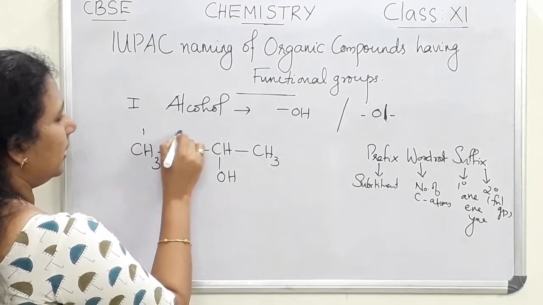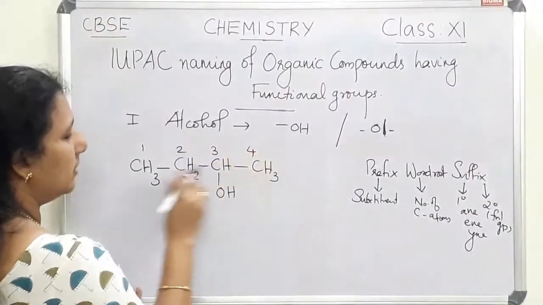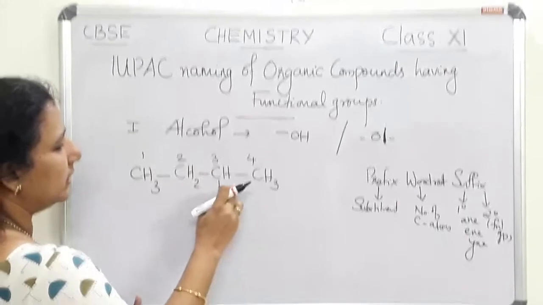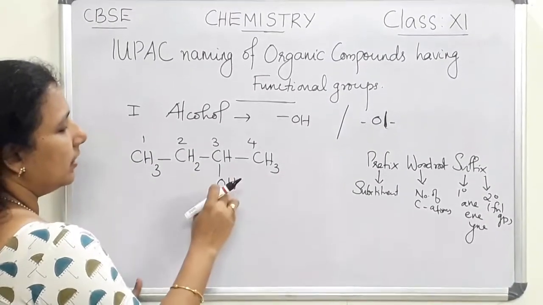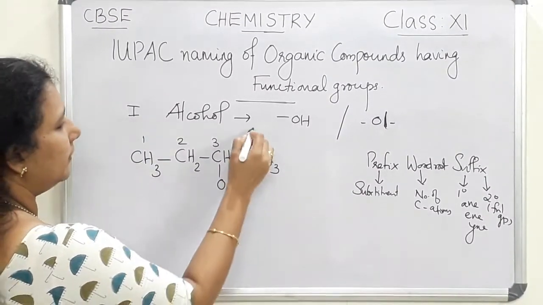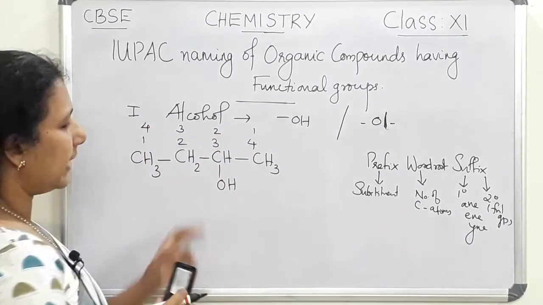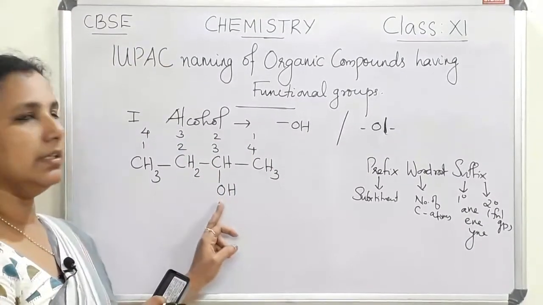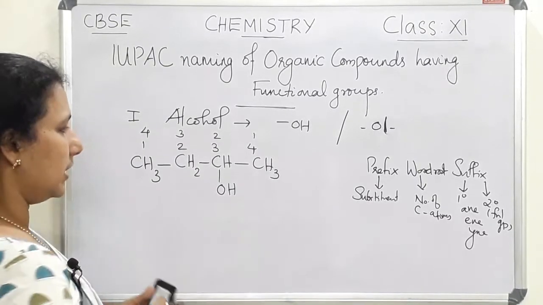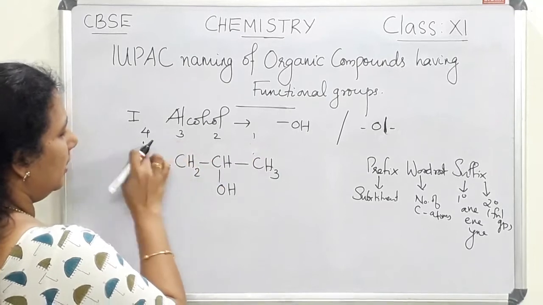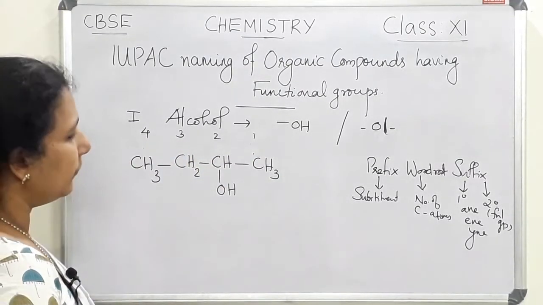If you are numbering from left to right, the third position will be the OH group, and if it is from right to left, the second carbon is having the functional group. So the numbering from right to left is the correct way of numbering.